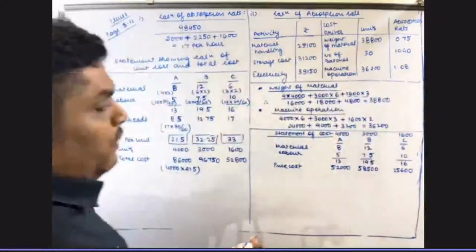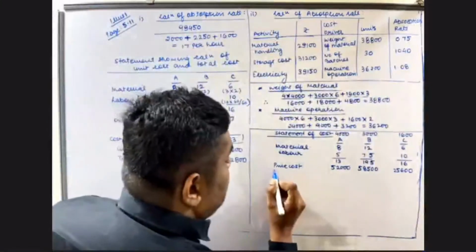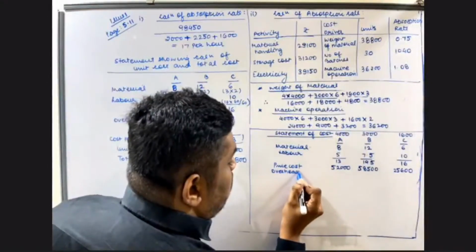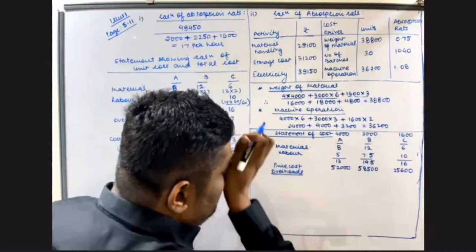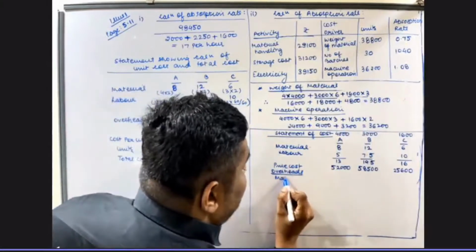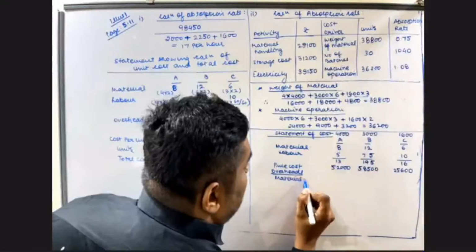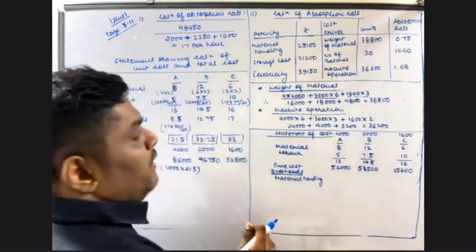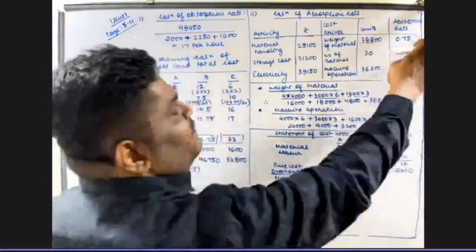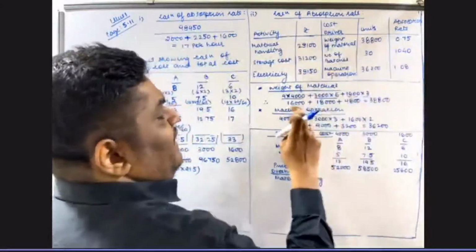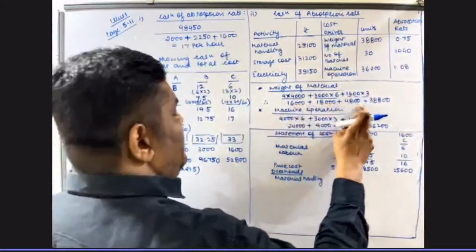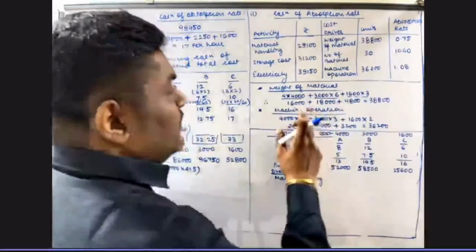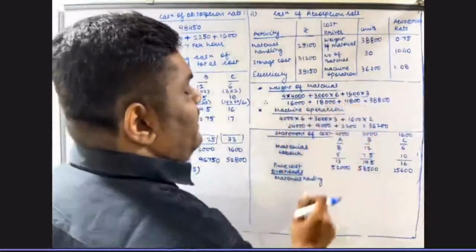Now let's start with the overheads part. First is material handling. Herein, the rate is 0.75 and the weight of material is 16,000, 18,000, and 4,800.